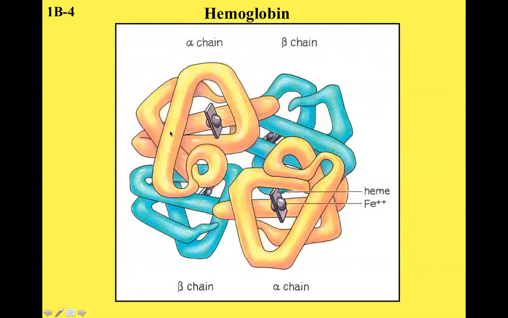So it's really 4 polypeptides all put together, making up something called hemoglobin. And this pocket has iron in it, and that's what carries the oxygen. And hemoglobin is something found in red blood cells, and it carries oxygen.